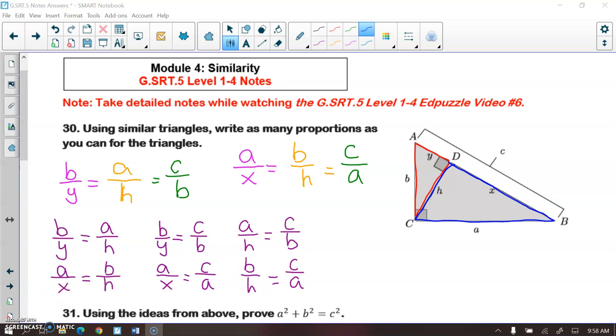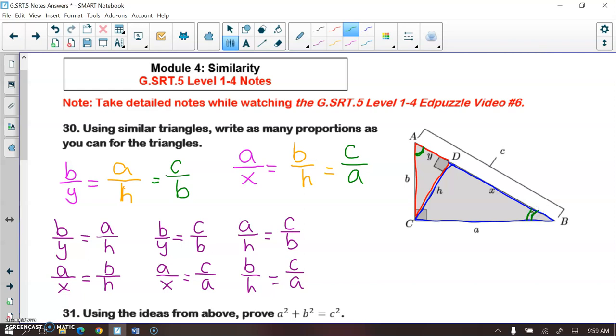But on these triangles here, A is not congruent to angle B. Instead, angle A on this triangle, remember, was congruent to angle A on my big triangle, and angle B was congruent to angle B on my big triangle as well.